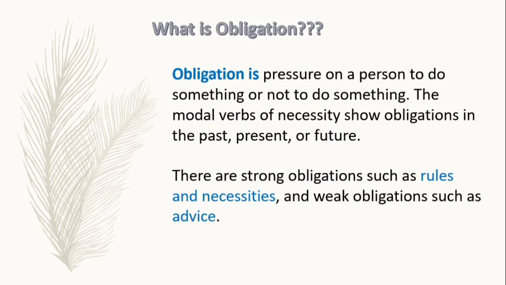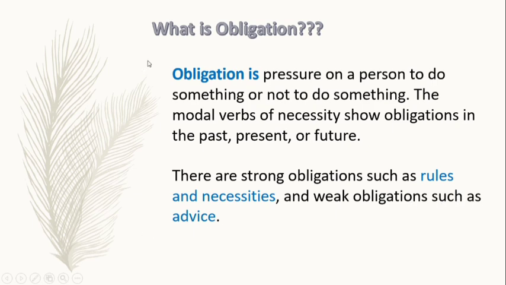What is obligation? Obligation is a pressure on a person to do something or not to do something. The modal verbs of necessity show obligation in the past, present, or future. There are strong obligations such as rules and necessities, and weak obligations such as advice.